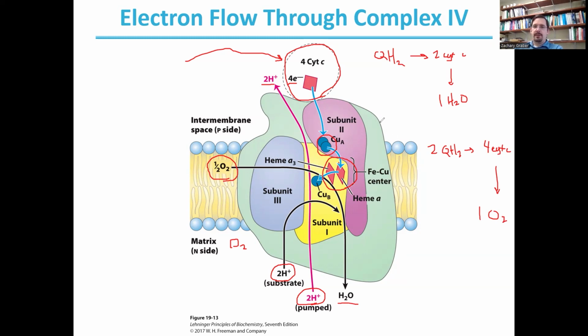So at this point, we've completed our transport chain. Again, we had NADH or FADH2 feeding into our ubiquinol. Our ubiquinol feeds into cytochrome C, which then feeds into the production of water.